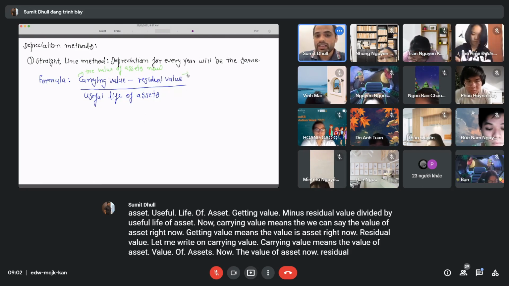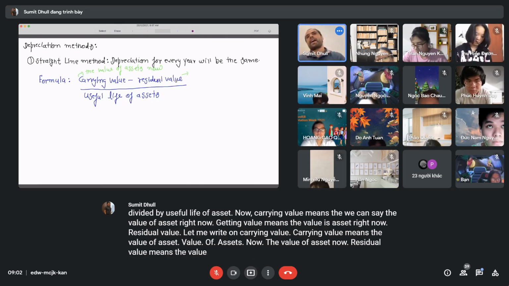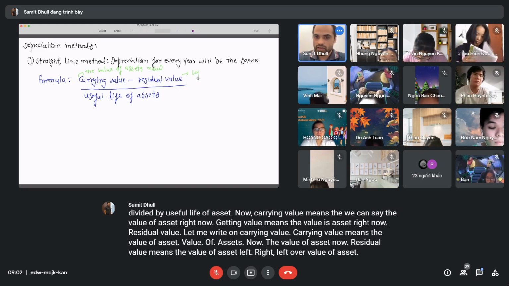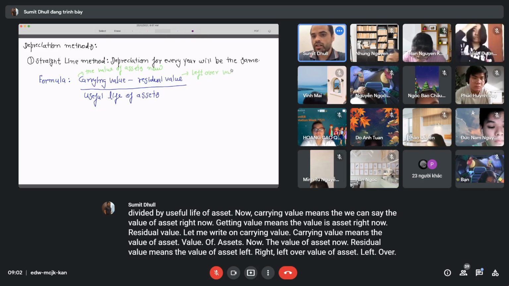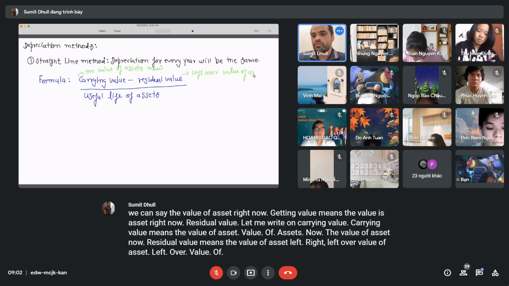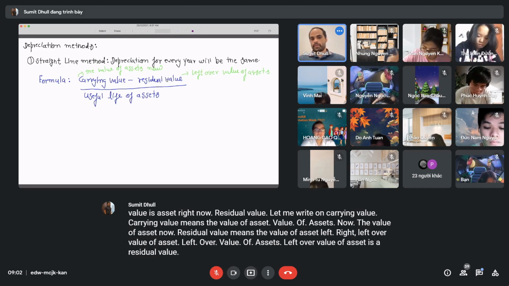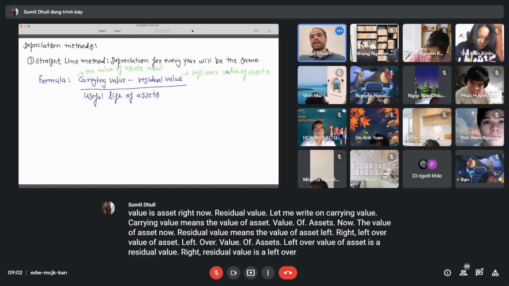Residual value means the leftover value of the asset. Residual value is the leftover value of the asset.